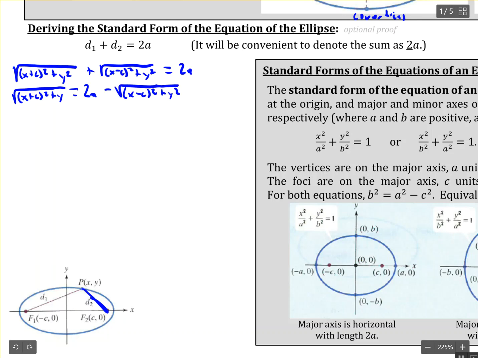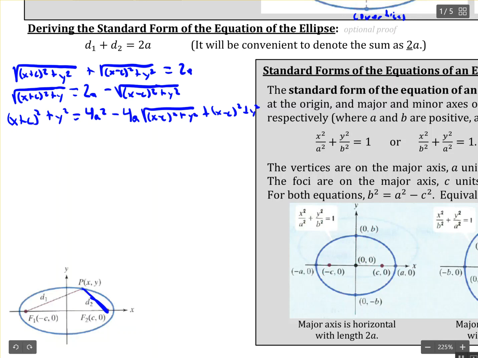Now let's square both sides. So I get (x plus c) squared plus y squared. And this one we have to FOIL, so it's not very pretty. But we end up with 2a squared, so 4a squared, minus, and we're going to have 2a times that, minus another 2a times that, so minus 4a times the square root of (x minus c) squared plus y squared, then plus the second part squared, which just gets rid of the square root: (x minus c) squared plus y squared.